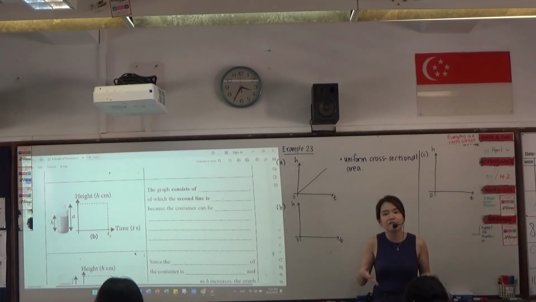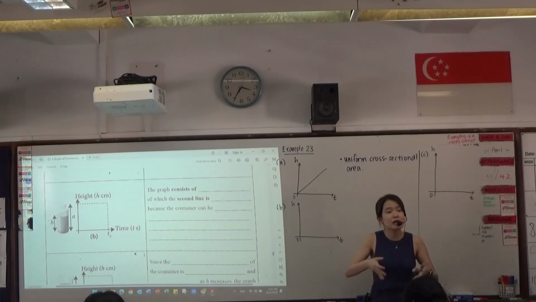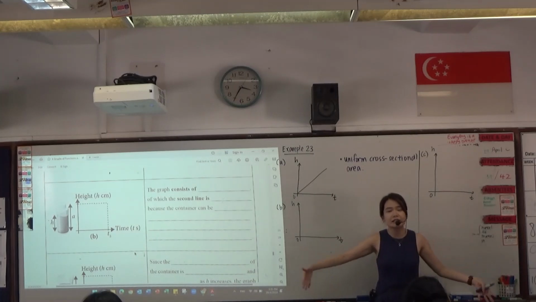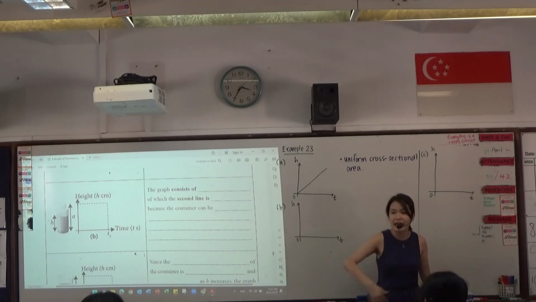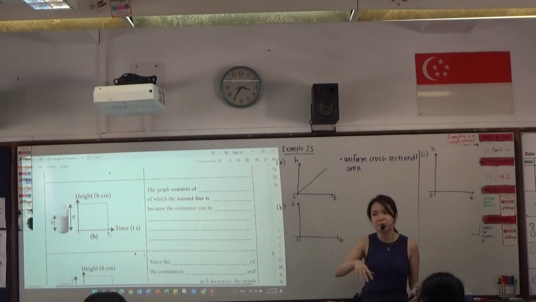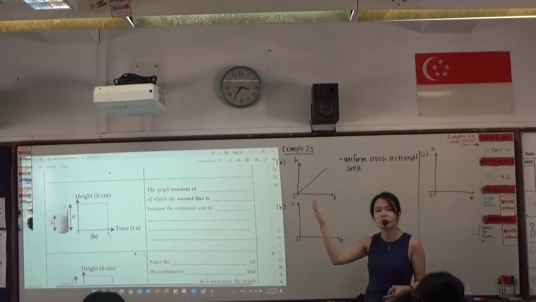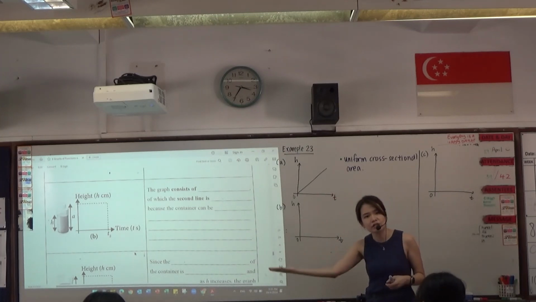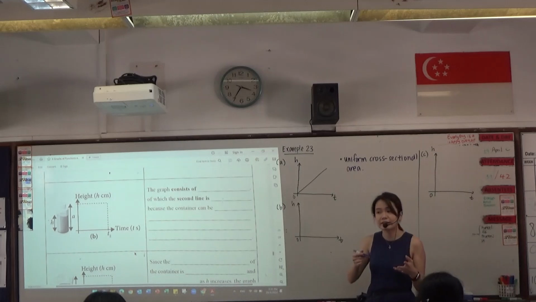Will it be slower or faster at the bottom? It will be slower, right? Because the base itself is wider, it will take a longer time to fill up that area itself. It should be slower. So when we're talking about slower speed, what should the tangent look like? Steeper or gentler? It should be gentler, correct?